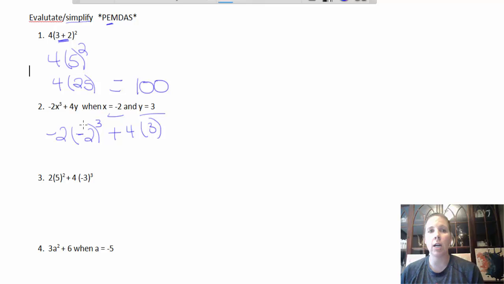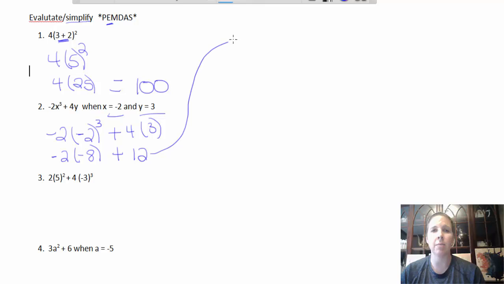So if we use our PEMDAS, we have this negative 2. Negative 2 times 3. So negative 2 times negative 2 is 4. 4 times negative 2 is negative 8. So we have negative 2 times negative 8. I did not leave myself enough room to write this. 4 times 3 is 12.